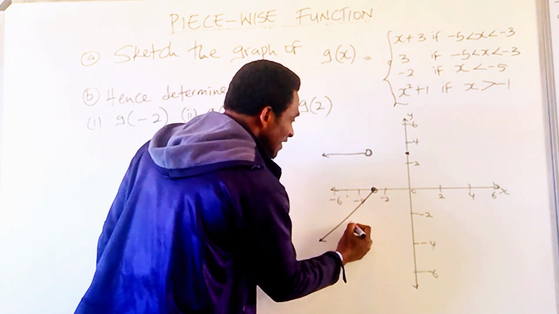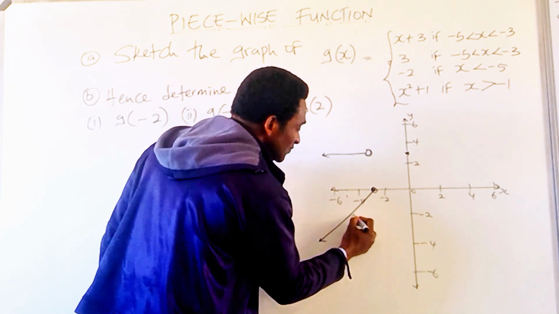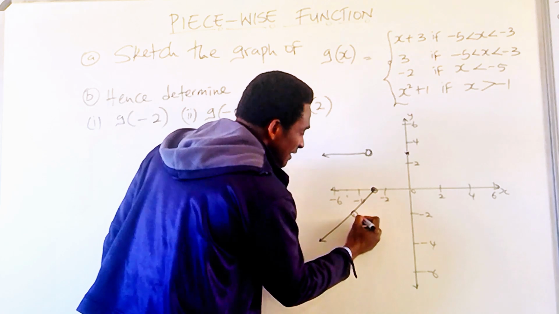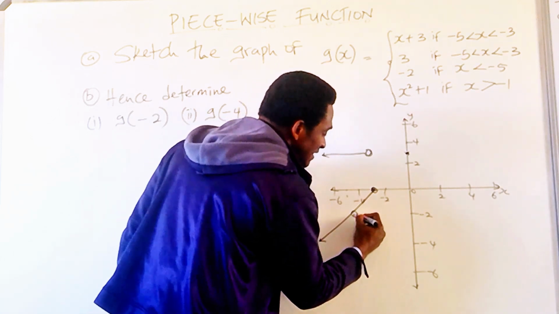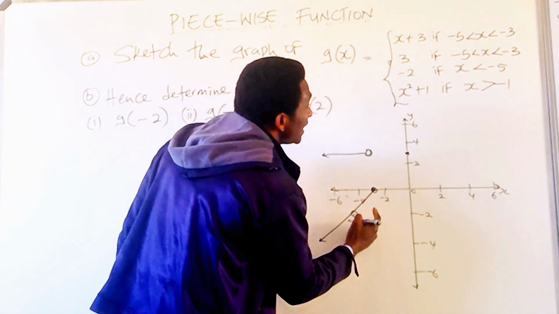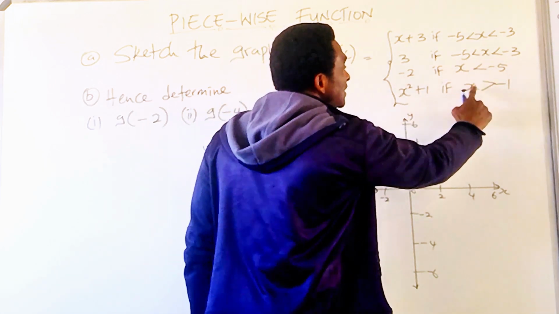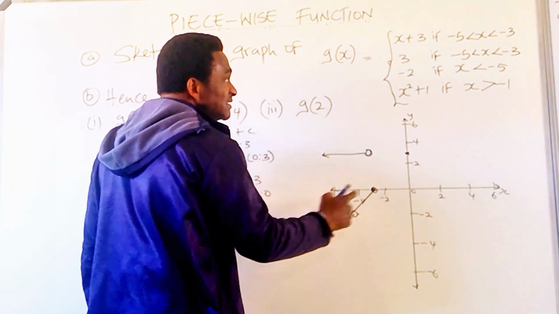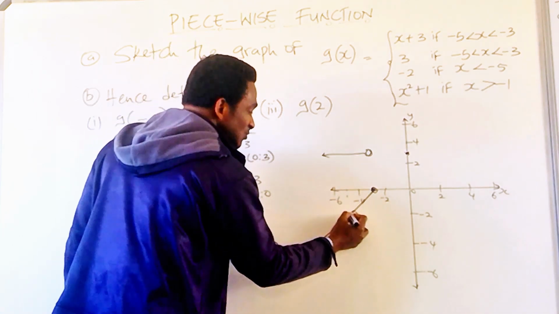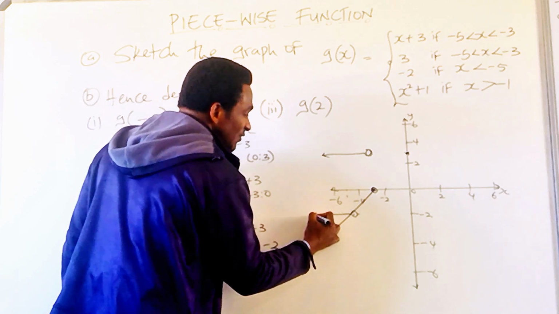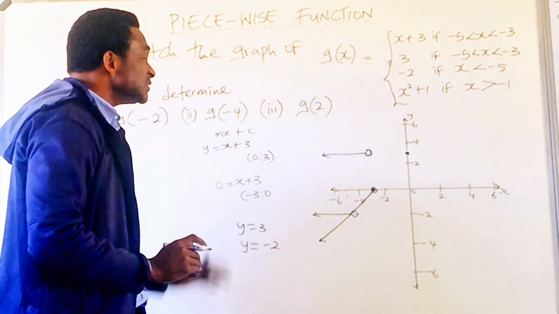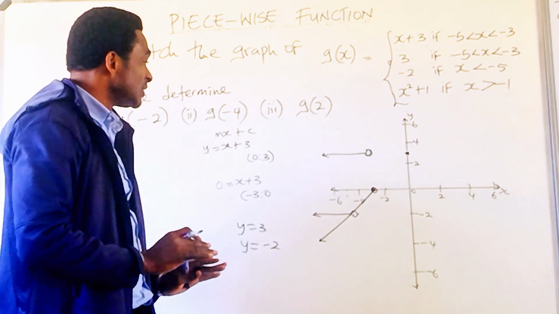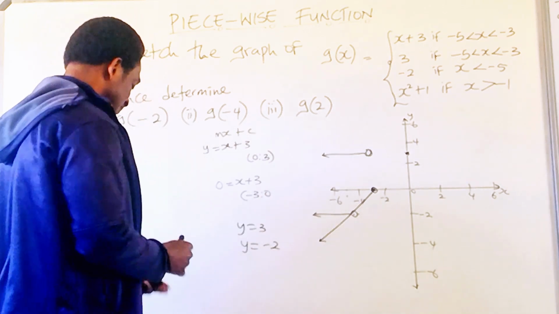If this is our -5, it means this graph should start somewhere here. x must be less than -5, so it can only go this way. So we have a horizontal graph going this way. Please, on a proper grid line, you will see the differences. Maybe this graph will not be touching.